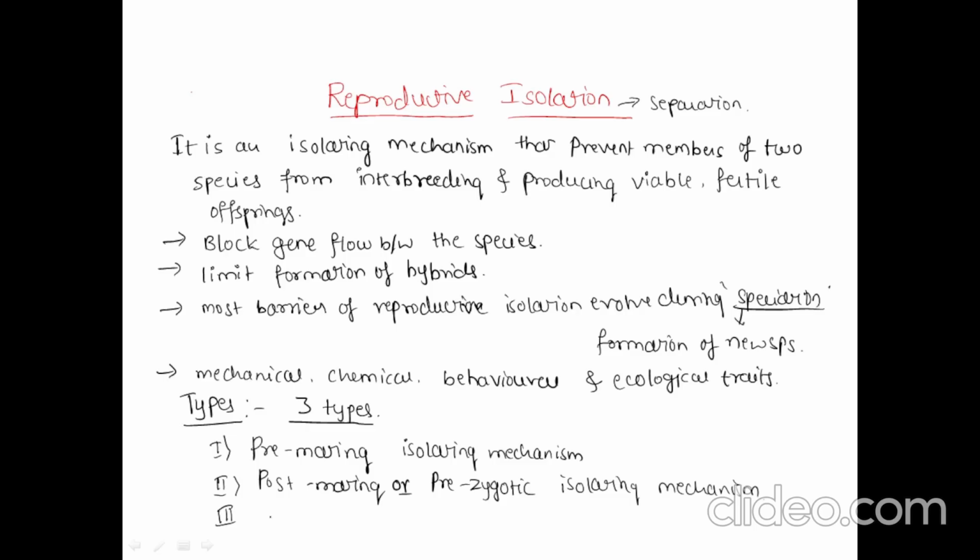Third one is the post-zygotic isolating mechanism. These are the three types of reproductive isolating mechanisms, based on whether they contribute to reproductive isolation before fertilization or after fertilization. Now we'll see them one by one.